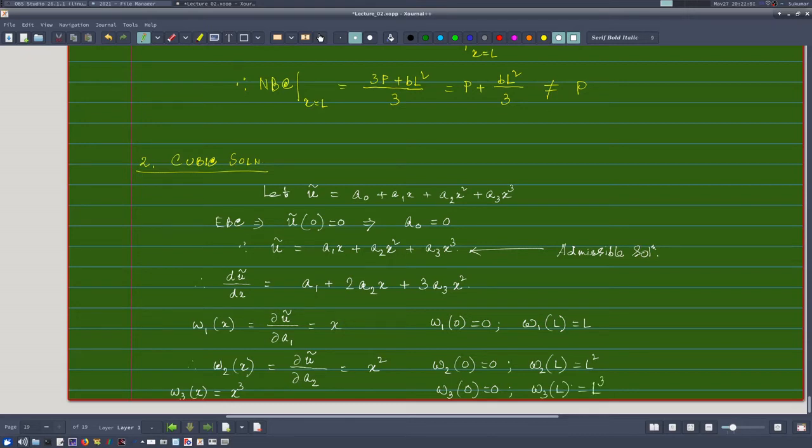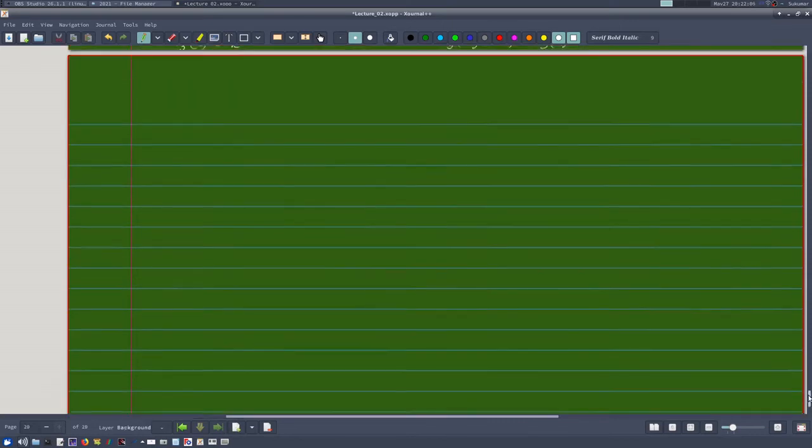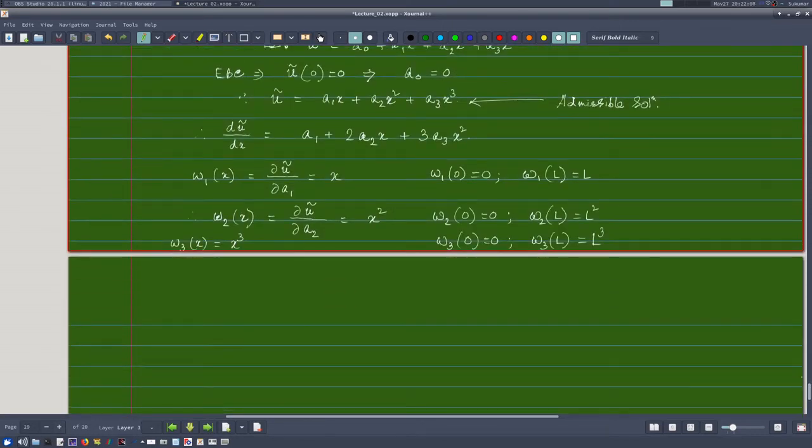Now we will use all these terms in the weak form. So let us substitute all these in the weak form.